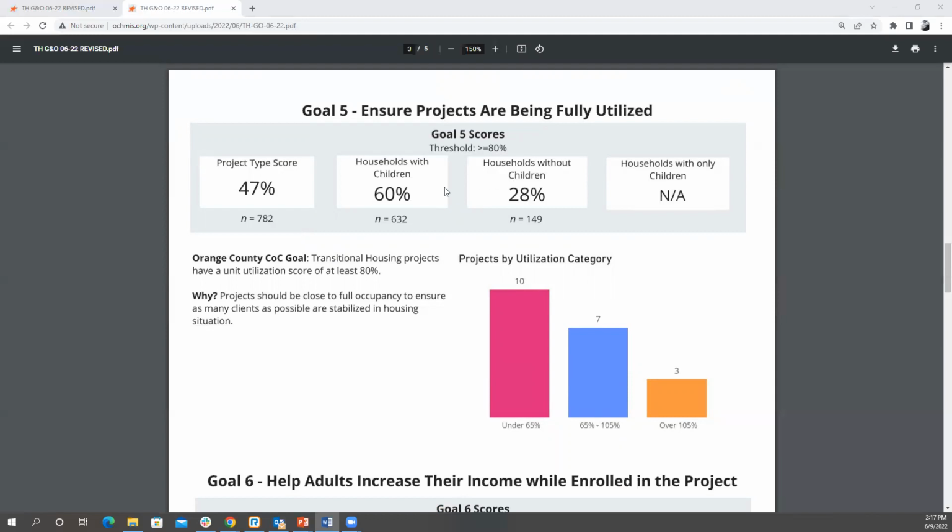Households with children usually have their own units, so that wouldn't be impacted as much by COVID because a family would be staying together either way. But households without children, if they are placing multiple clients in the same room or unit, that may make some clients uncomfortable with COVID. So that could also be why that decrease is happening.